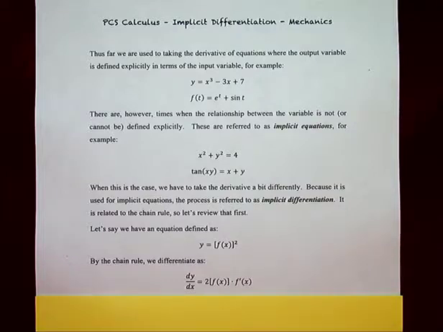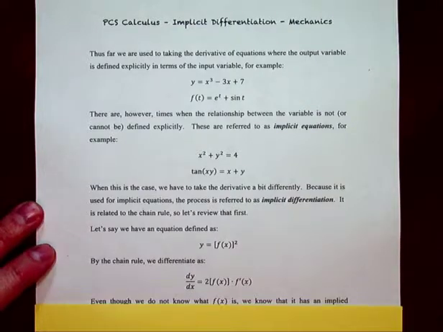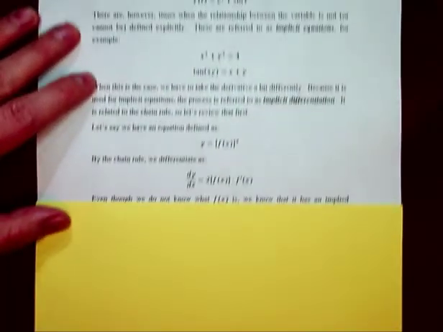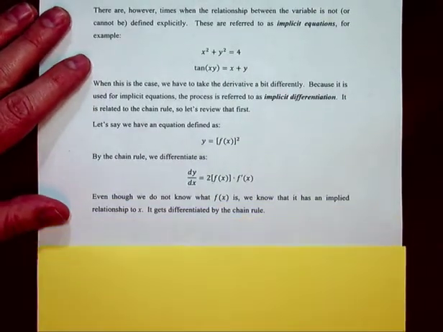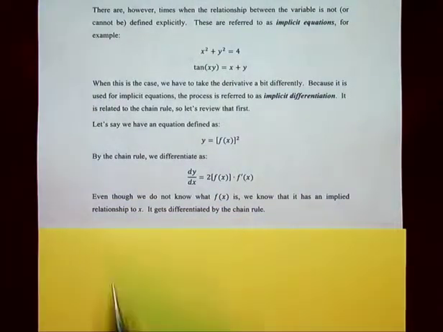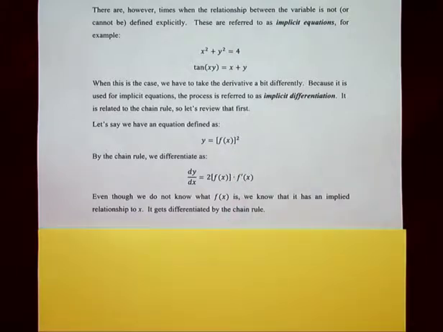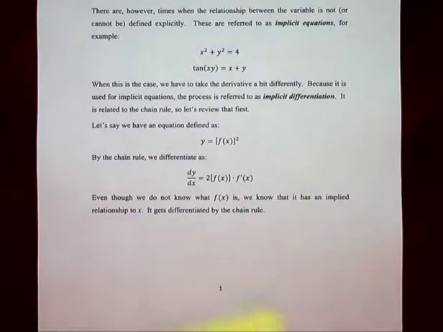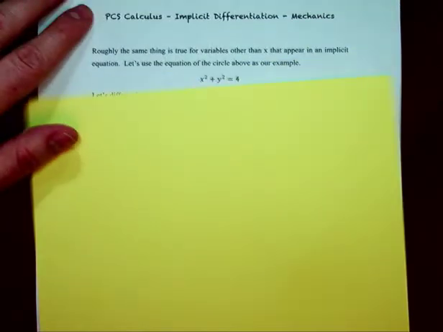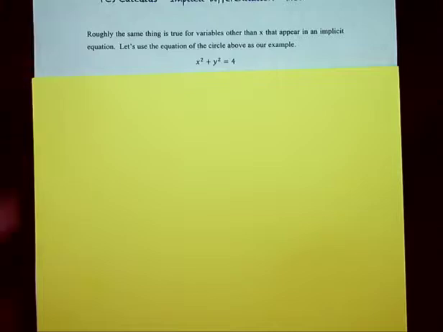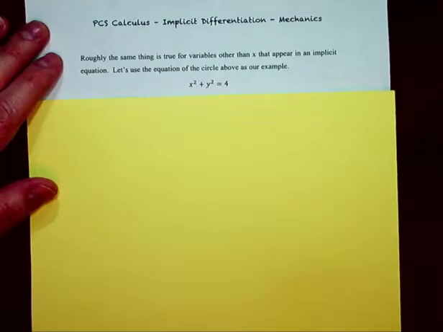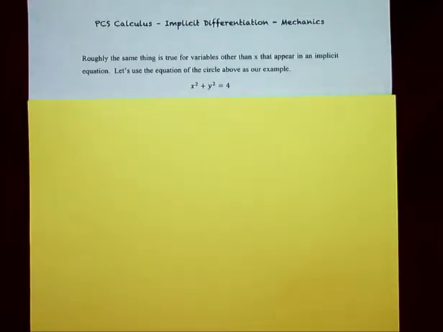Now, the same sort of thing has to happen when you're dealing with implicit equations and the derivatives of them, okay? And like it says here, there's an implied relationship to x that needs to be recognized here in the f prime. And so we're going to do roughly the same thing when we're dealing with an implicit equation. So let's go back to the circle that we were discussing just a few moments ago.